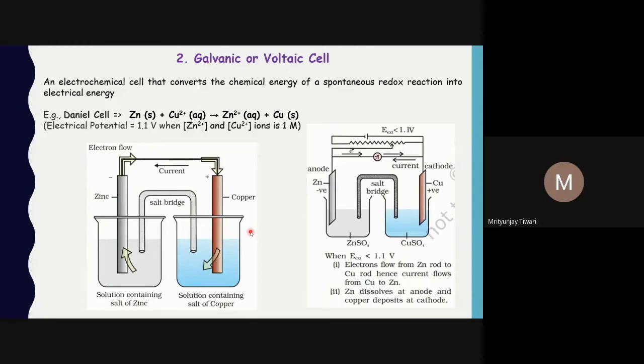So you should just know the EMF or the electrical potential. The electrical potential is easy to understand. It is 1.1 volt. What does it mean? It means that if I add some external device to this cell, and the potential difference at the two terminals of the device, the external potential, is less than the 1.1 volt EMF, then electrons will flow from anode to cathode, and so this cell will give electricity.